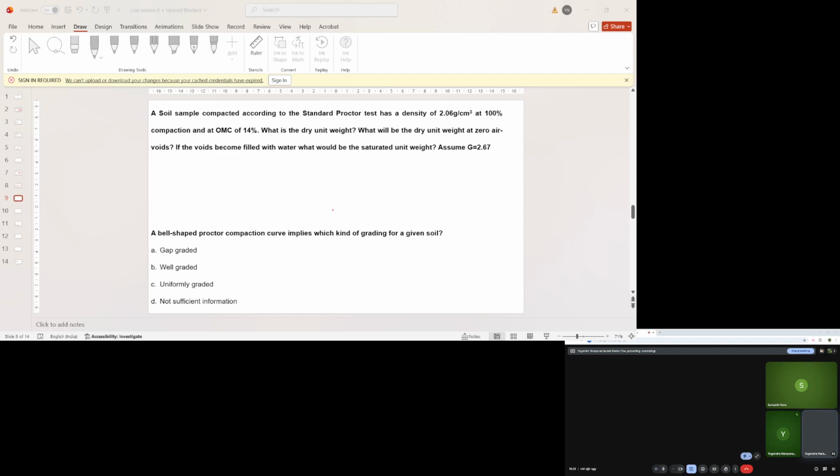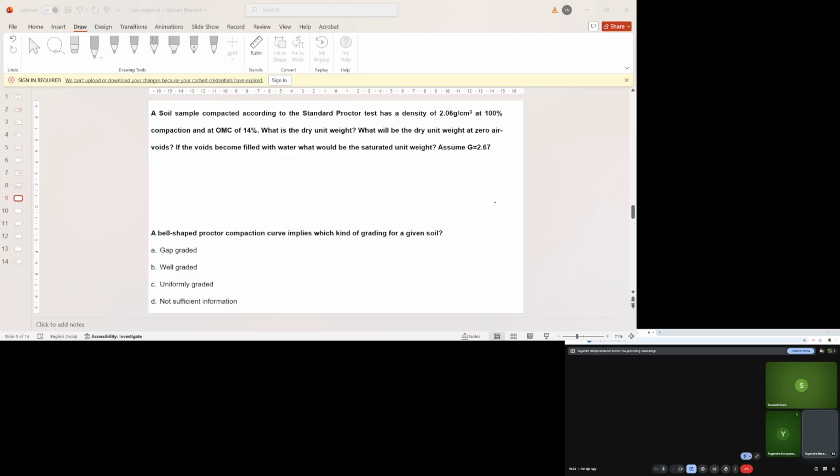With the volume of solids 0.68 cc, the volume of voids out of 1 cc is going to be 0.32 cc, which is going to be equal to the volume of water, right?